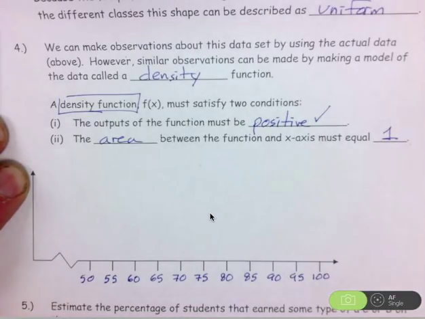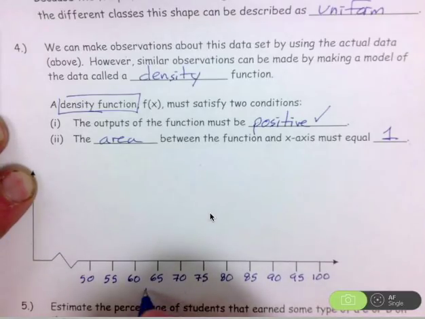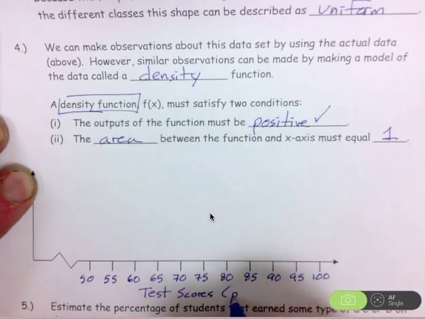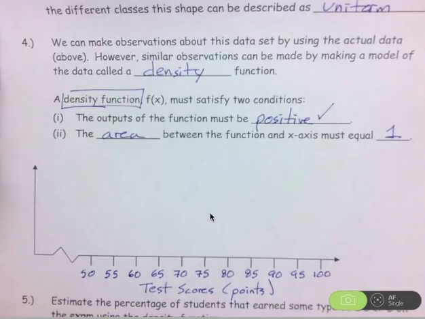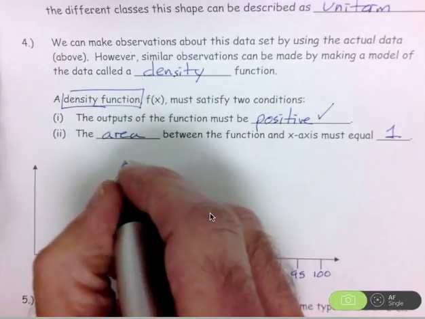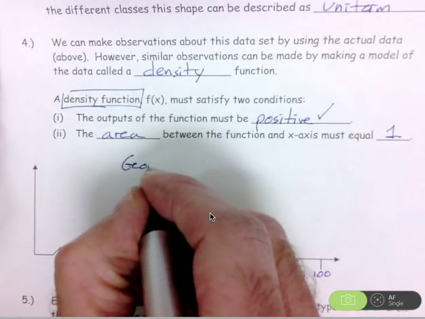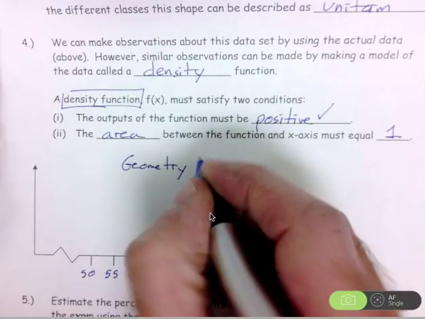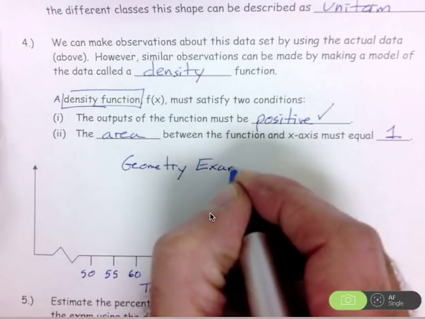So these are test scores in points. And in fact, if we title this, these are really Geometry 1 final exam scores. So I'll just say Geometry Exam Model. That's what I'll call it.